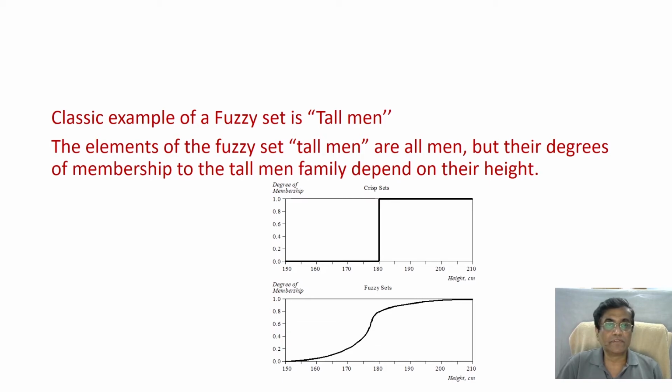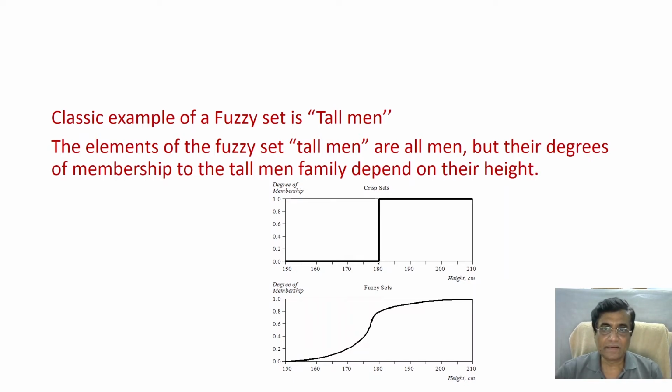More, I will give you whatever I told in a pictorial way. Normally, in this axis we denote the degree of membership value, and this is the attribute, meaning height. I am measuring height, for example, in centimeters, 150 centimeters up to 180 centimeters. This is an example.